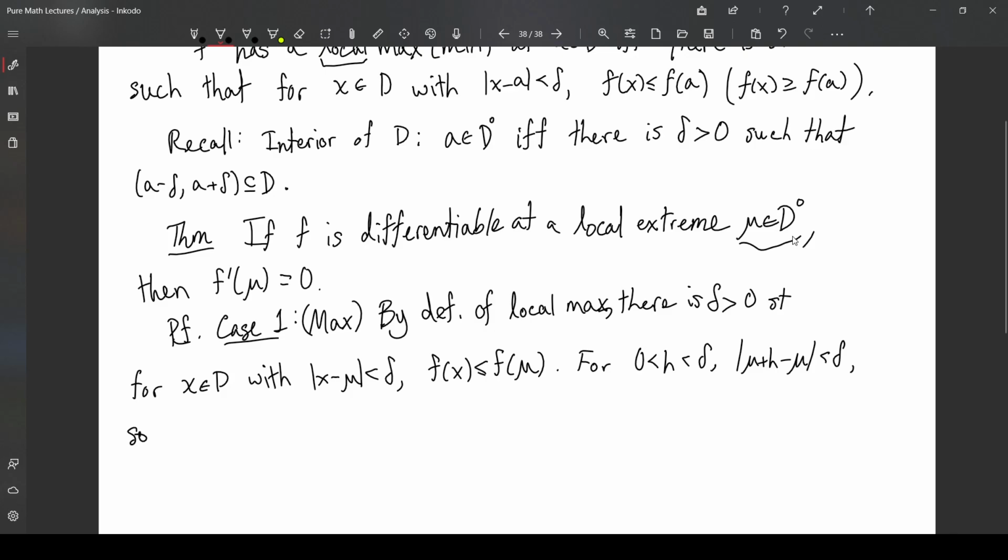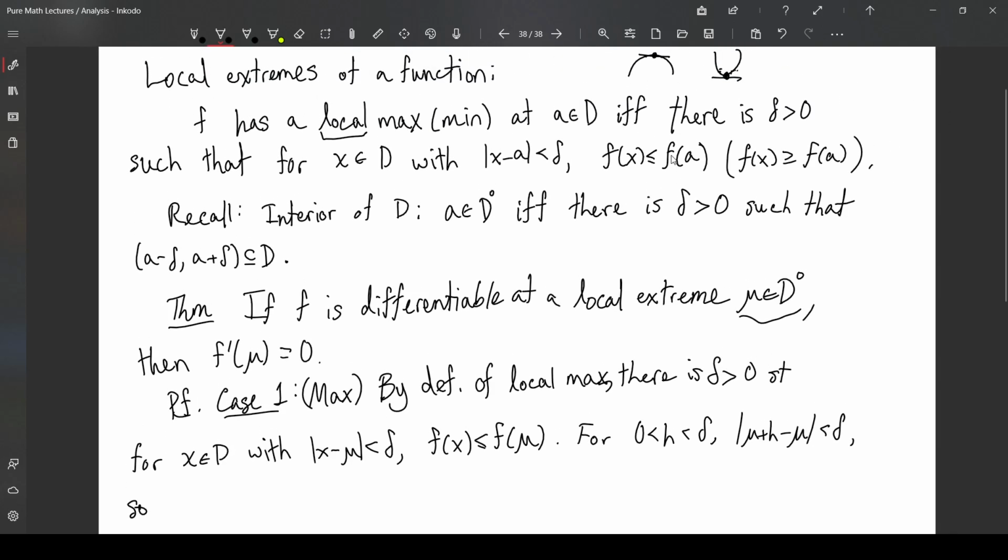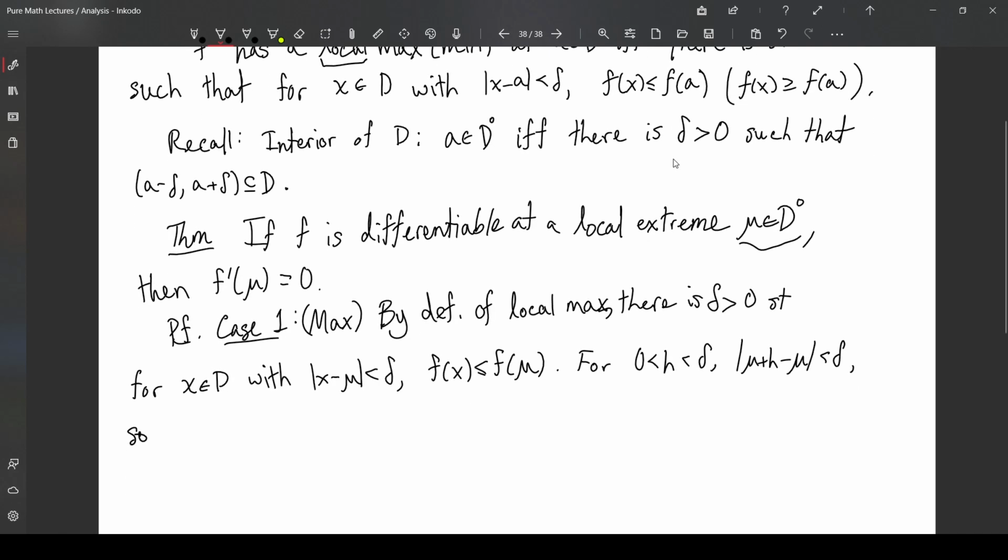Mu plus h might not be in the domain, but since we have an interior point, we can choose a delta small enough to guarantee that mu plus h is in the domain.